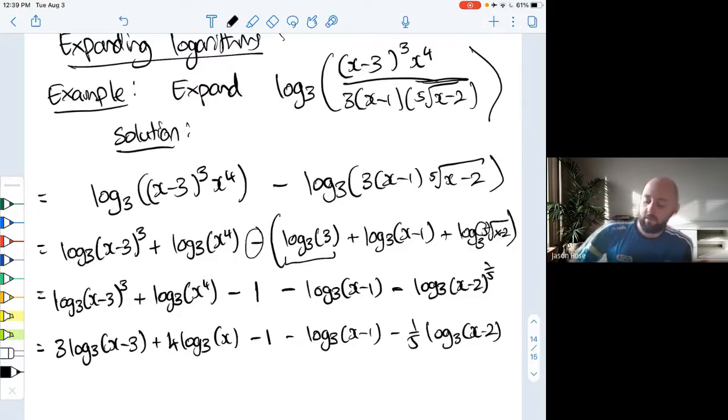I'm trying to decide whether to stop here or not. Again, can you tell me from 1 to 5, how do you feel about expanding logarithms like this? Fives and fours. Anybody else? Okay, that's solid. Okay, everyone's good.